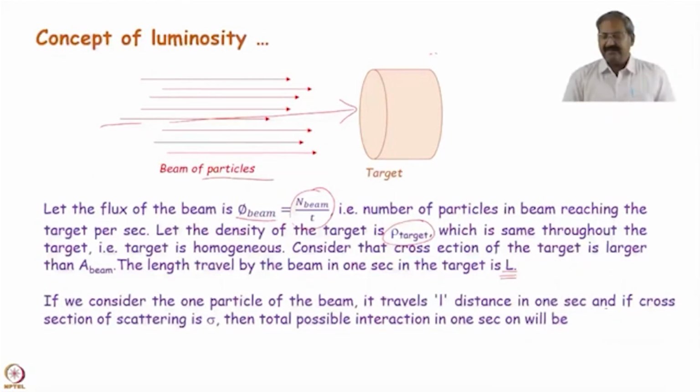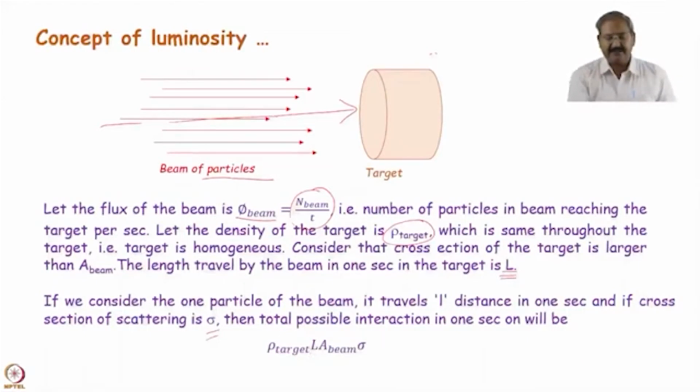Now if the cross section of the scattering is sigma, suppose we are interested in some event that has scattering cross section sigma, then the total possible interactions in 1 second will be rho target.